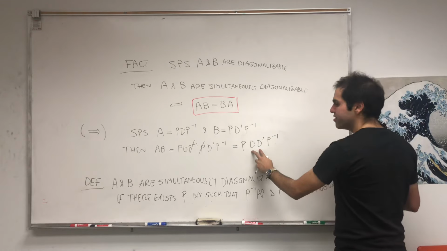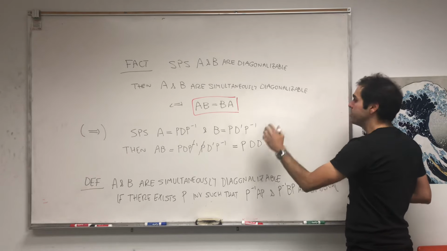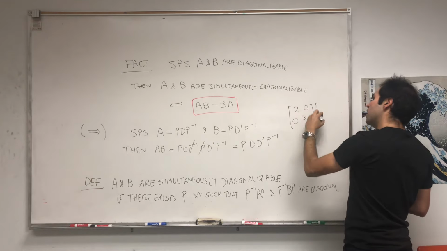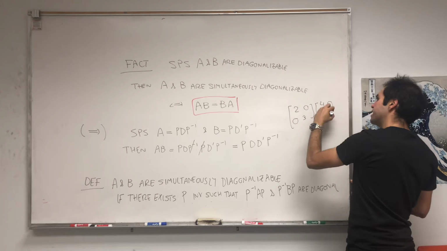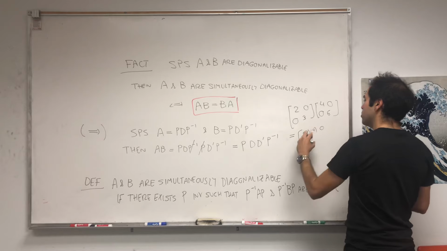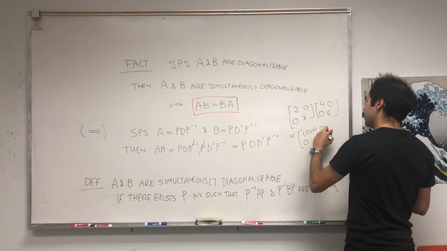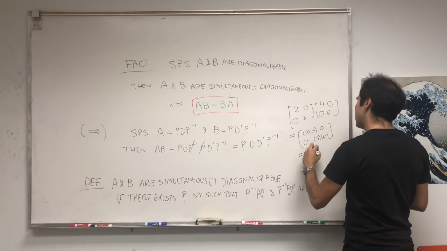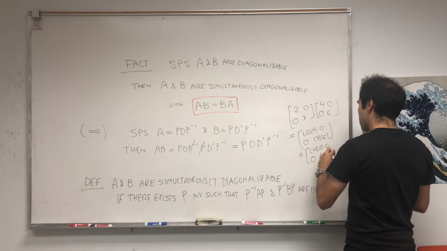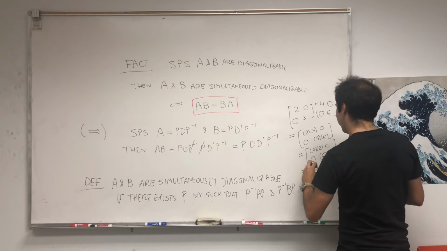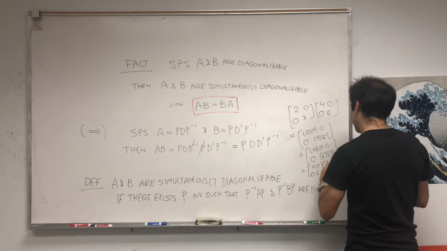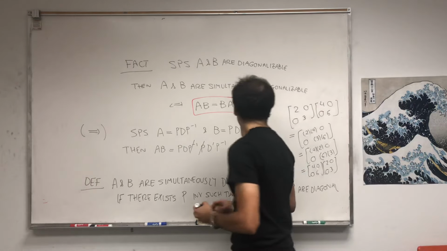But you have to understand, diagonal matrices always commute. If we have diag(2, 3) times diag(4, 6), that's 2 times 4, 3 times 6, and that's 4 times 2, 6 times 3, that's diag(4, 6) times diag(2, 3). The general case is similar.